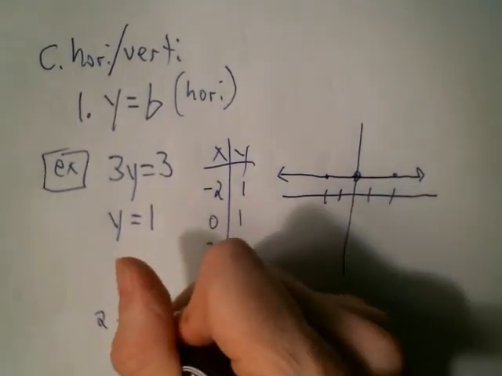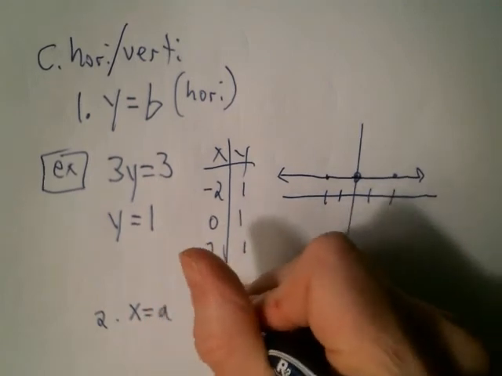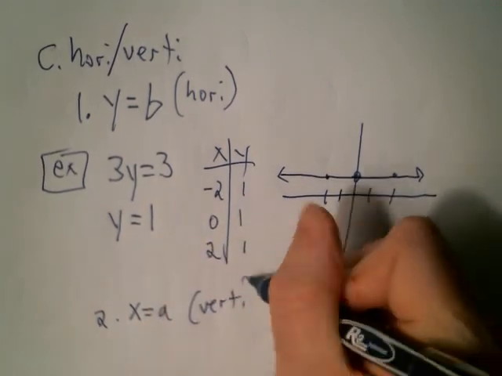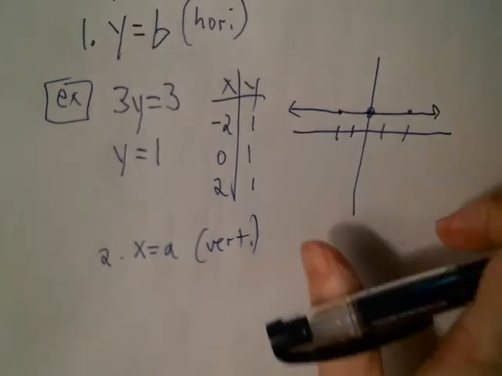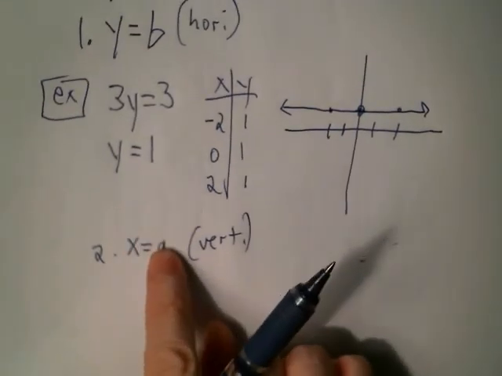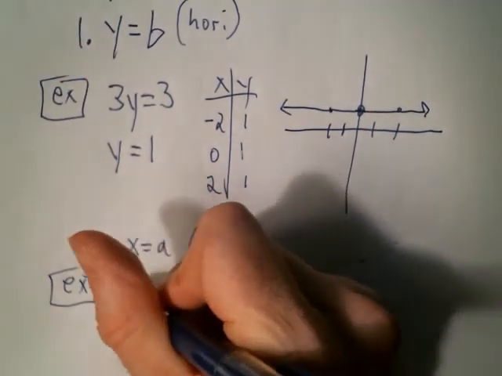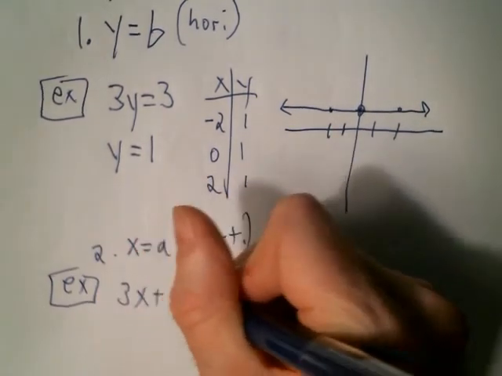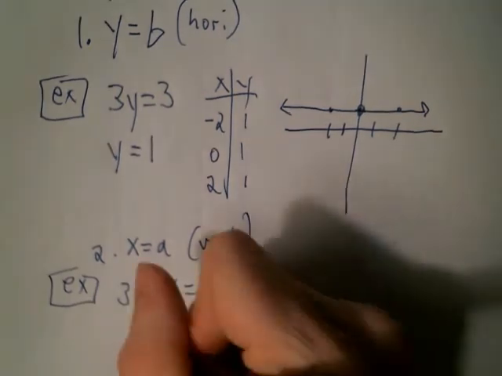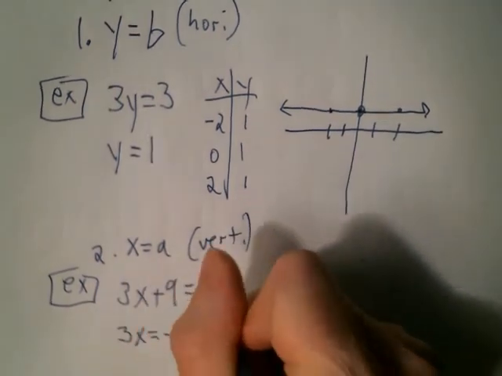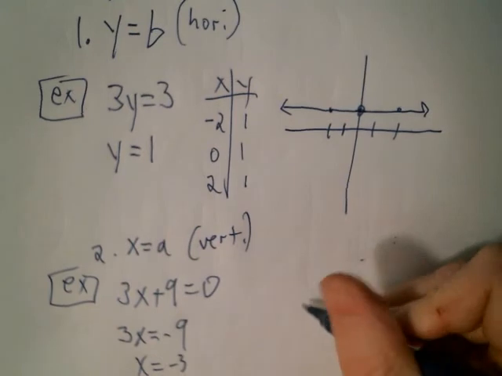The other case then are the vertical lines. And this is the same game. It's saying that x is always some value and y is allowed to vary. So for example, we could have 3x plus 9 is 0. 3x equals -9, so x is -3.